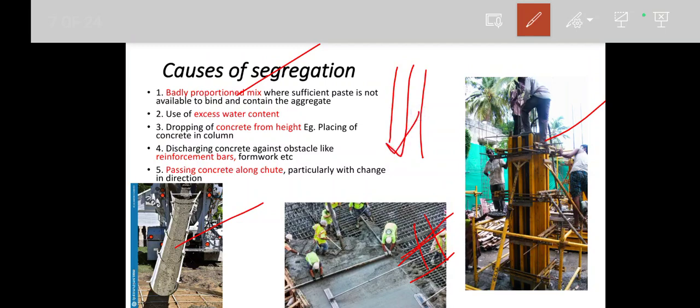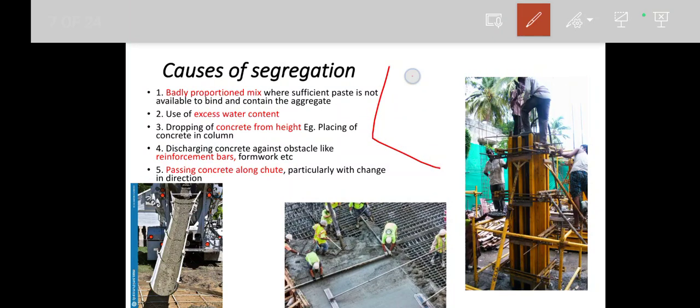Suppose you are making a change in direction for the concrete, by 60 degrees or 90 degrees, what will happen? When the concrete comes, the coarse aggregate alone will gather at the corners and the remaining material will flow out. So this problem will happen if there is a change in direction. So we should always follow a proper direction.